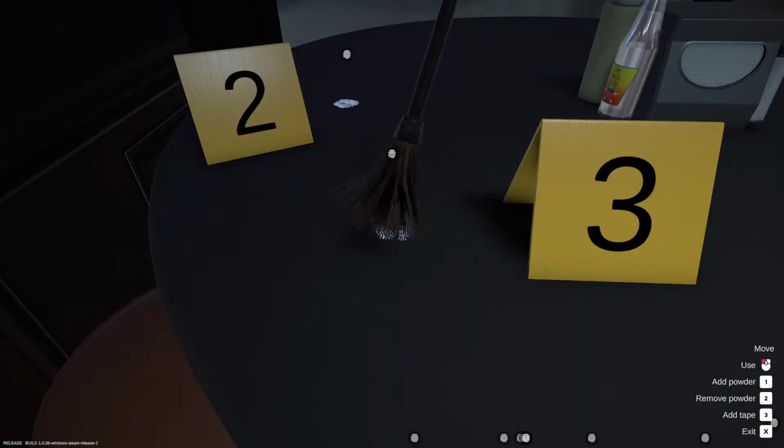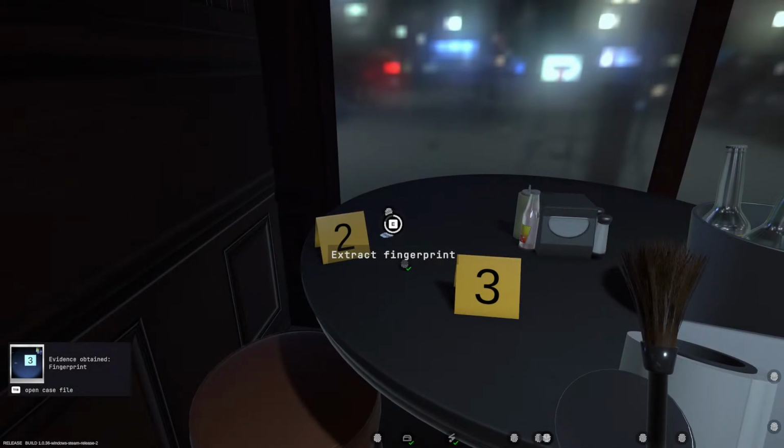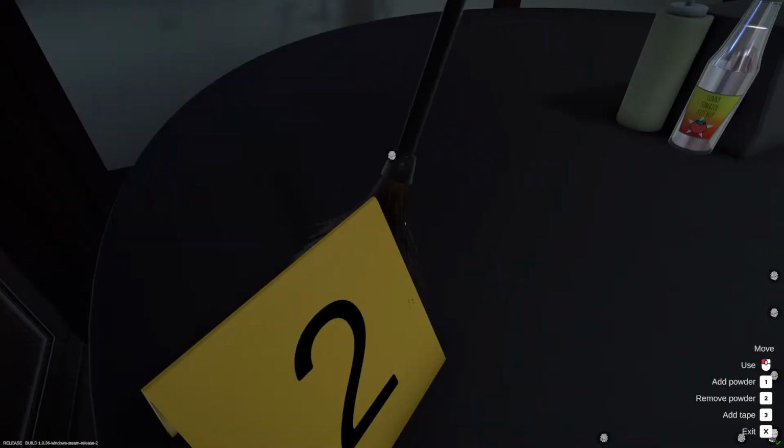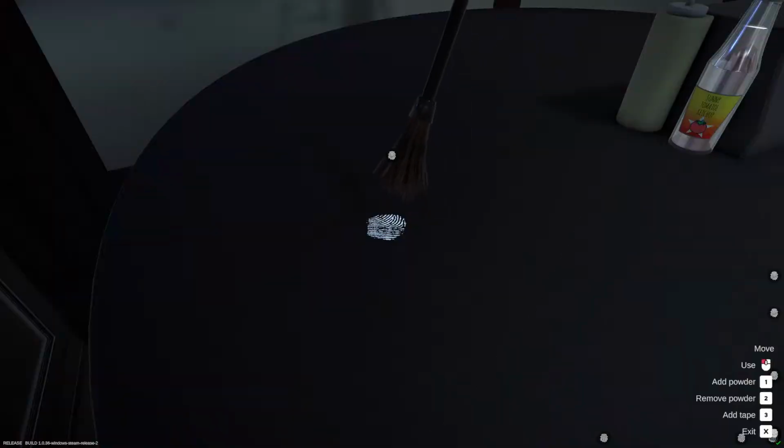There's a lot of fingerprints. Oh, damn, I can't see with this thing in the way. There we go.